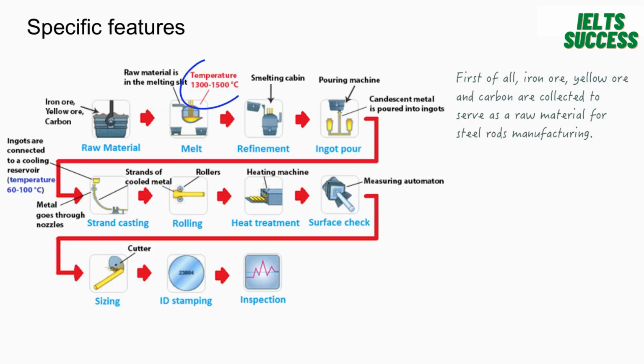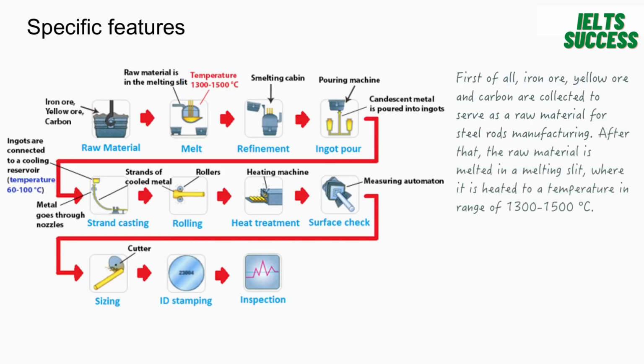The other arrow indicates the temperature range. I used all this information to describe this stage of the process. After that, the raw material is melted in a melting slit, where it is heated to a temperature in range of 1300–1500 degrees Celsius.